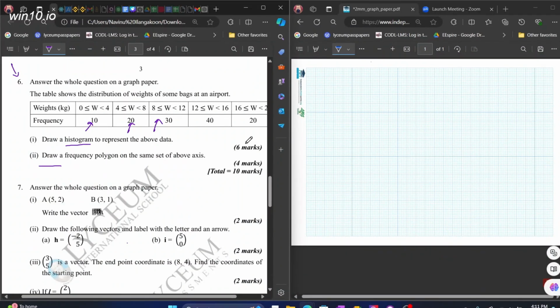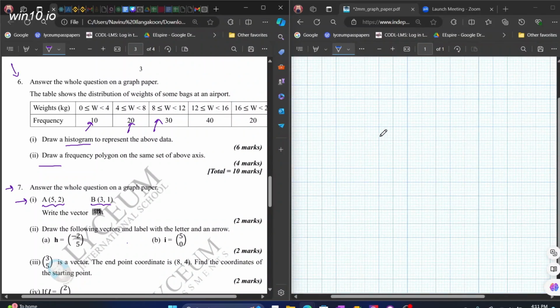Now we are in the seventh question. Answer the whole question on a graph paper. So we have to get a graph paper and provide the answers in there. First, they have given us 2 points. A is (5, 2), B is (3, 1). So let me get this graph paper.